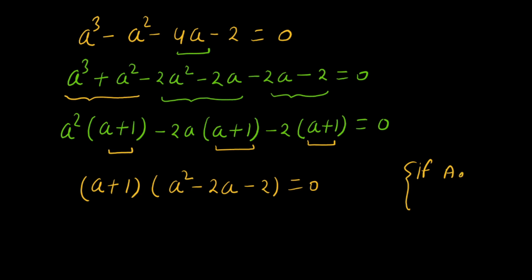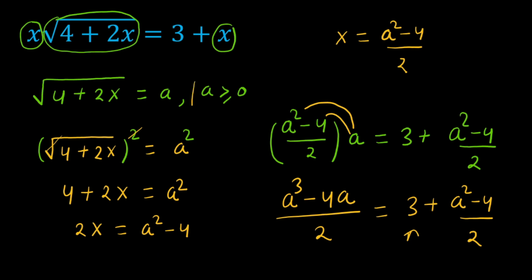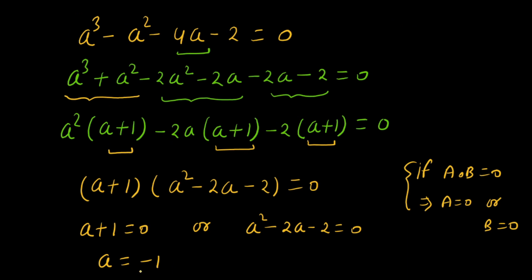Here we will apply this rule: if a times b equals 0, this implies a equals 0 or b equals 0. If we apply this rule here, then a plus 1 equals 0 or a square minus 2a minus 2 equals 0. The value of a is minus 1, but we know that a is greater than or equal to 0, so a equals minus 1 is rejected.